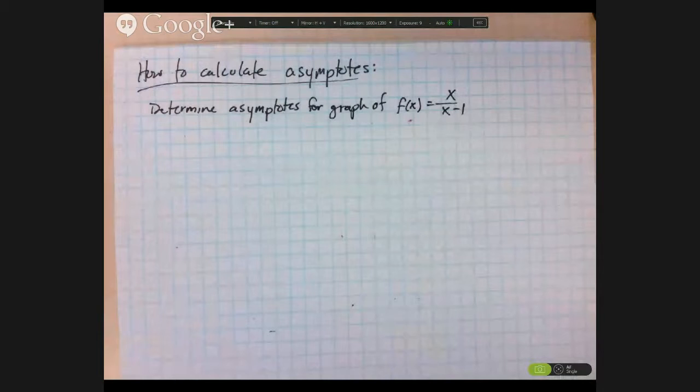I'm going to show you how to mathematically, algebraically calculate the equations of the asymptotes.